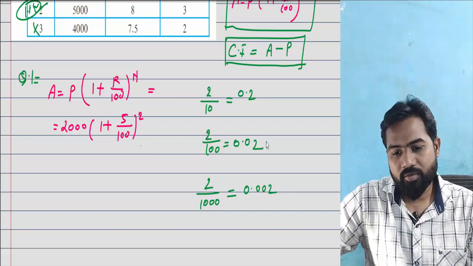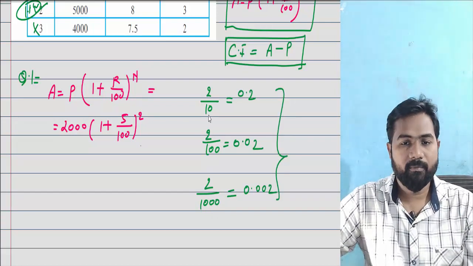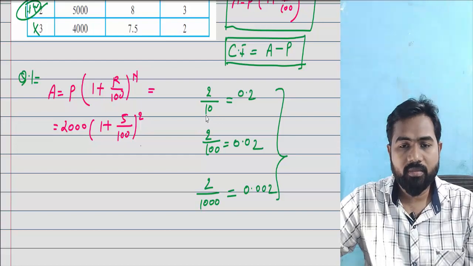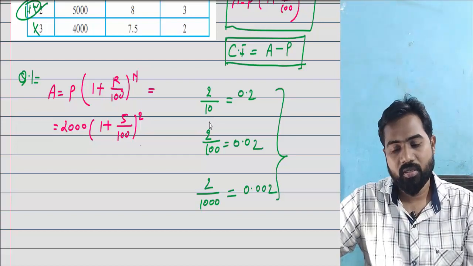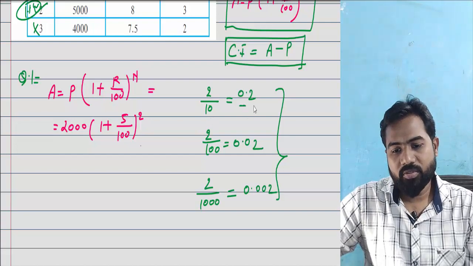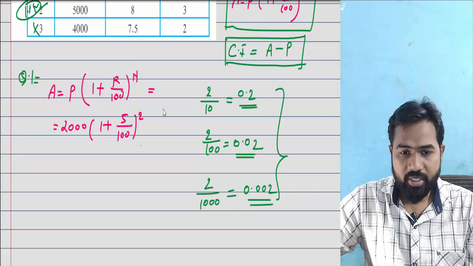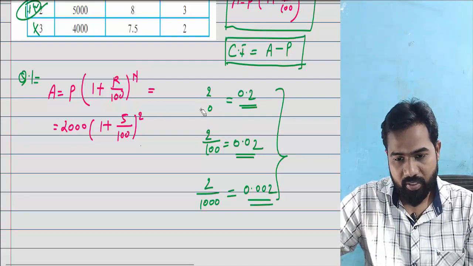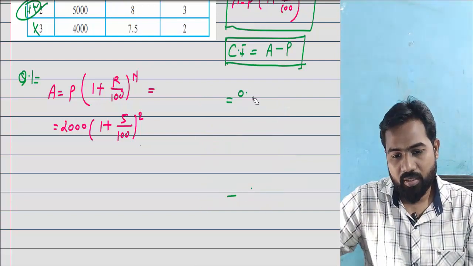This way you can also calculate if you have a denominator that is a multiple of 10, like 100, 1000, 10,000. By using these decimal values you can calculate your bracket also. But still students, if you are having a problem, let me solve using a simple way so that your calculation is neat and clean and correct.